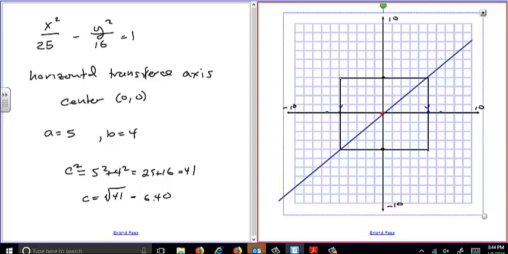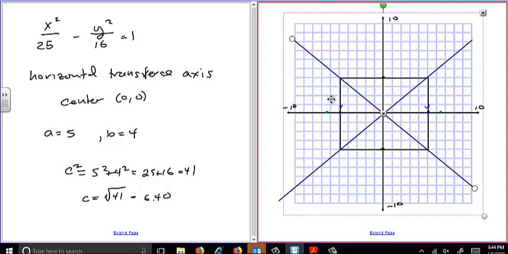So we'll start here at this corner, go through the center to the other corner, then keep going. Let's do the same thing on the other side. With a piece of paper you just need a ruler, and once you've drawn the rectangle, everything's fine. Okay, so those are going to guide us to draw the asymptotes.